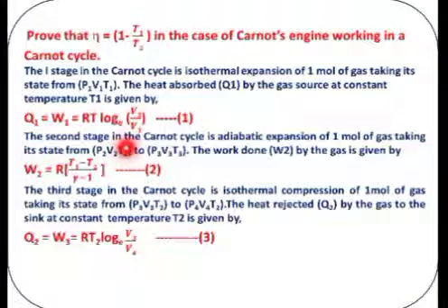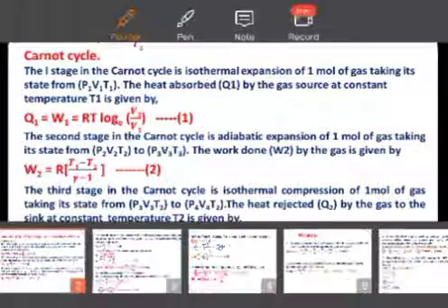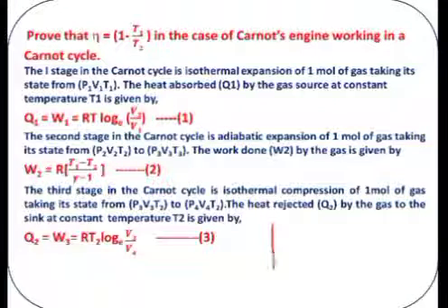The second stage in the Carnot cycle is adiabatic expansion. This type of graph we discussed in the previous case. I think you remember, this is AB.